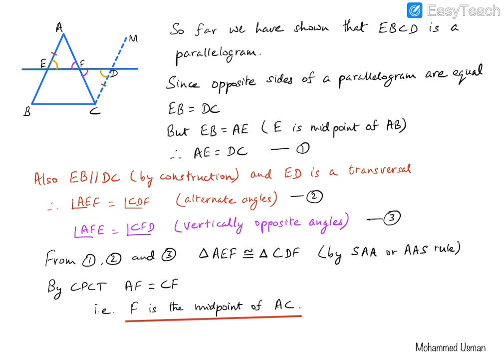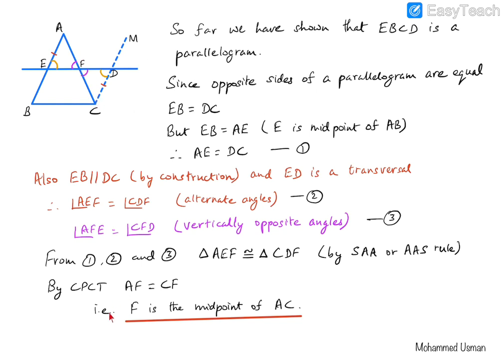Okay, so now we have these two triangles congruent to each other, and once we show that these two triangles are congruent to each other, by CPCT we can state that the side AF of this triangle is equal to the side CF of the lower triangle, right? So once we have AF equal to CF, it means that F is the midpoint of AC. Only then AF will be equal to CF.